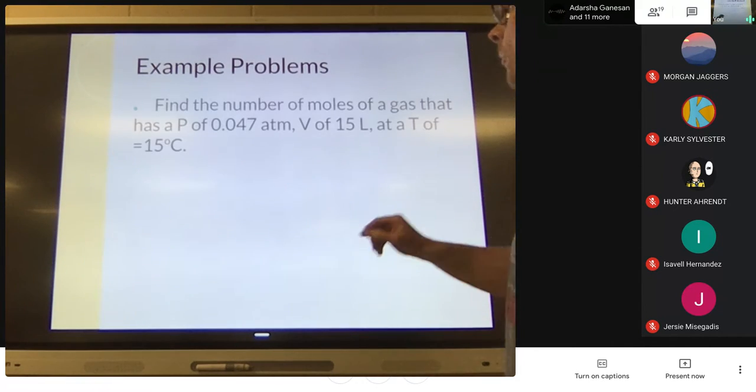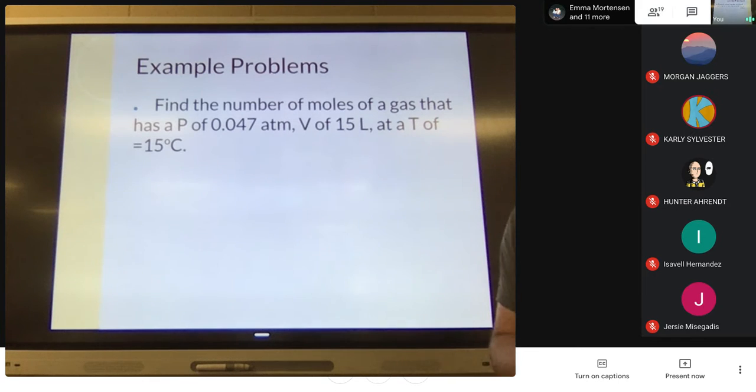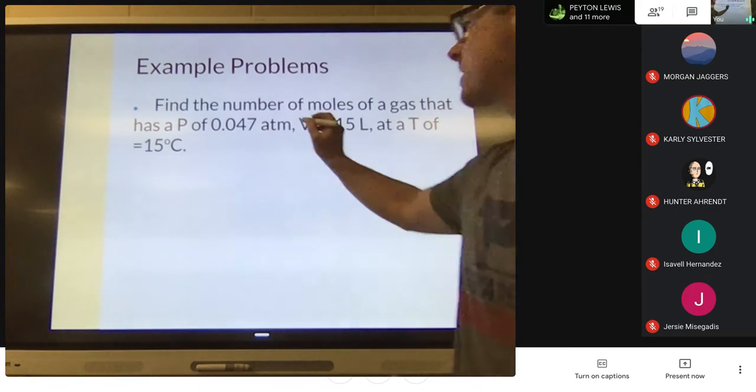Here's an example problem. We want to find the number of moles of gas that have a pressure of 0.047 atm, a volume of 15 liters, and a temperature of 15 degrees Celsius. So find the number of moles of gas. One of the dead giveaways that we have to use the ideal gas law here is that they ask for moles.